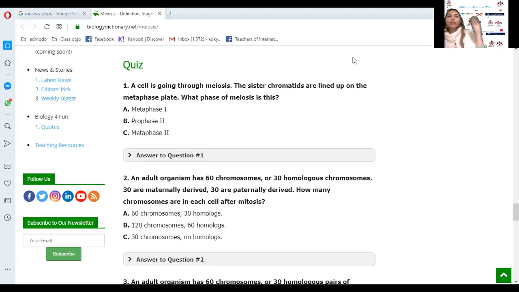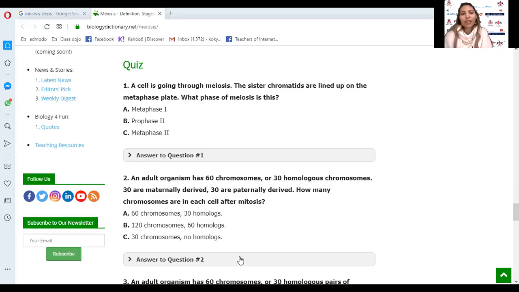Here we'll start with, yeah, please. The cell here will start with 60 chromosomes. So after mitosis, the cell will have how many chromosomes? It will have the half number, which is 30. 30? Yeah, 30. Okay, let's see.